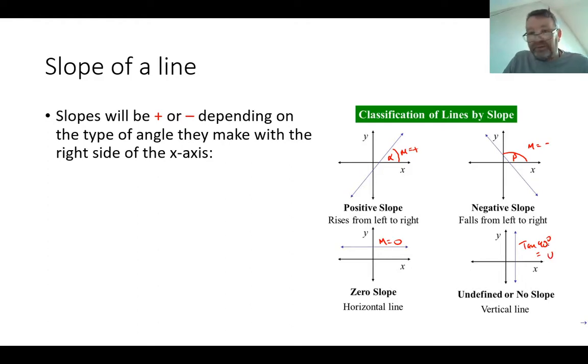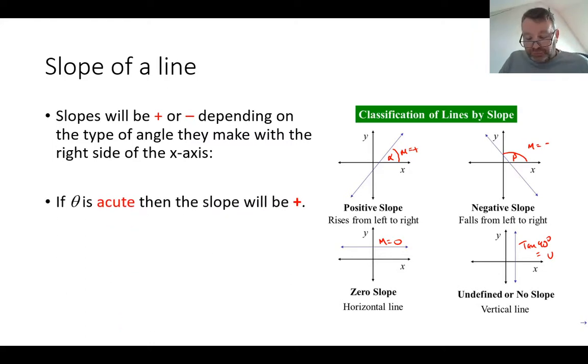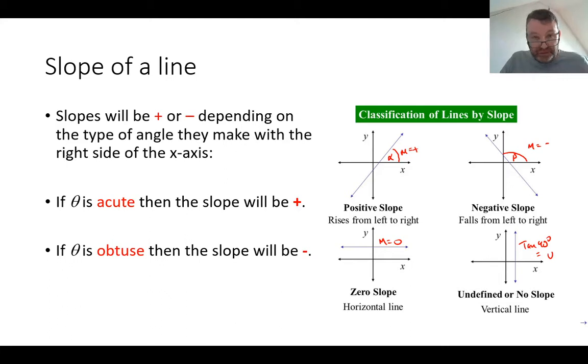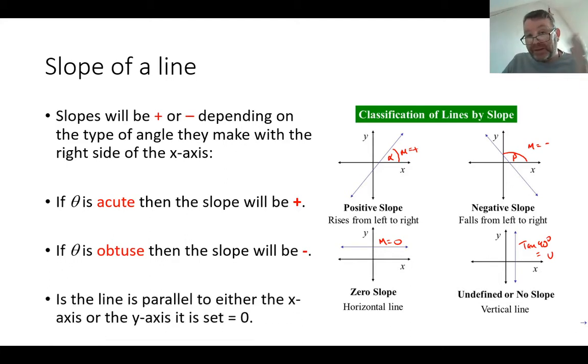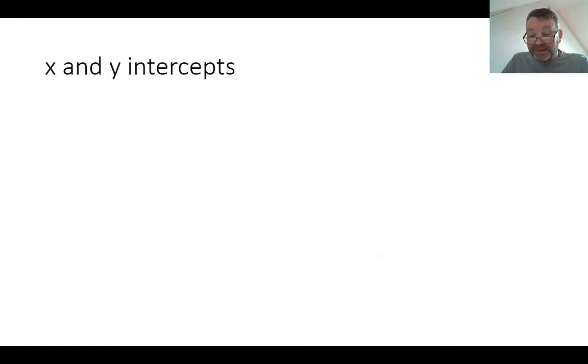It's undefined. So therefore, perfectly vertical lines don't have a slope we can use, and horizontal lines have a slope that has no value, 0. If theta is acute, then the slope will be positive. If theta is obtuse, the angle theta, by the way, is the symbol for the angle, the slope will be negative. And if the line is parallel to the x and the y axis, the slope will be 0.